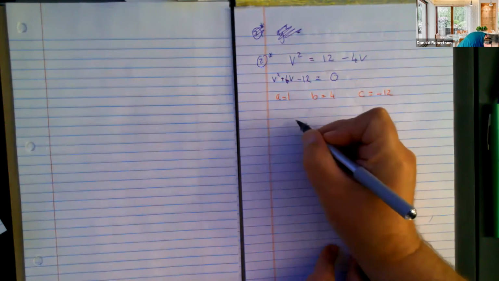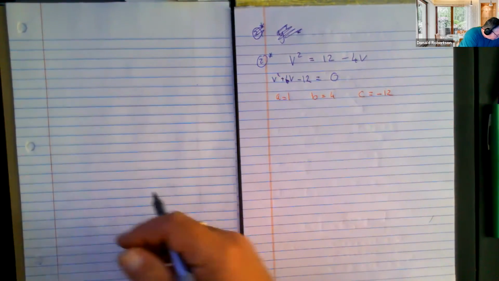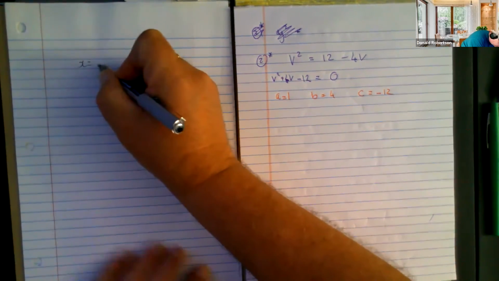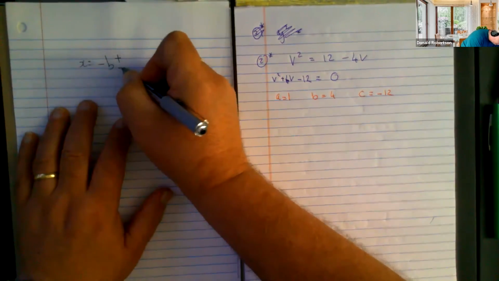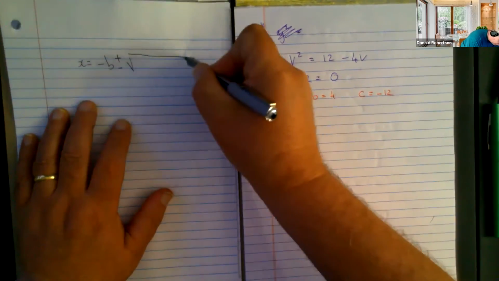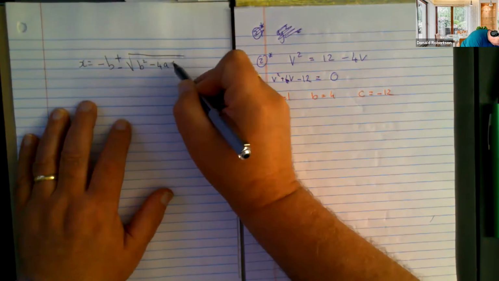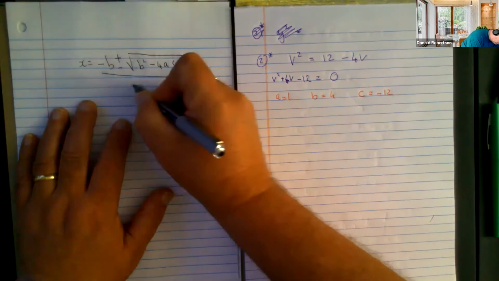So I will now proceed to use the quadratic formula, which I think I'll basically just write over here. So it's negative b plus or minus the square root of b squared take away 4ac all over 2a.